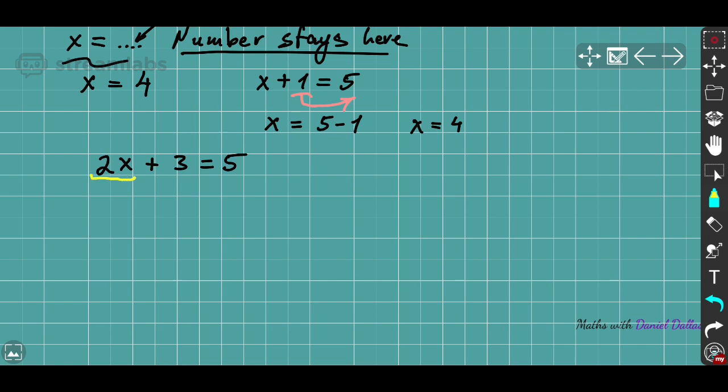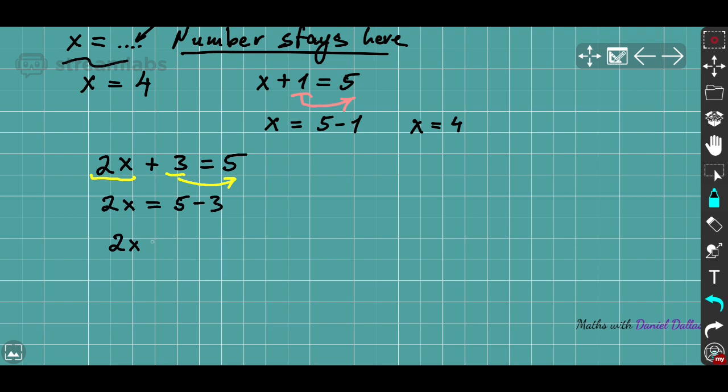So you have 2x right there, and before expressing x itself, you first need to understand what stays for 2x. So that's why, using the balanced method, you take this 3 and transfer it to the right side, okay? So you're left with 2x on the left side, and 5 minus 3 on the right side.